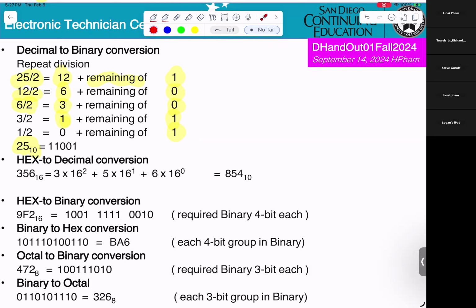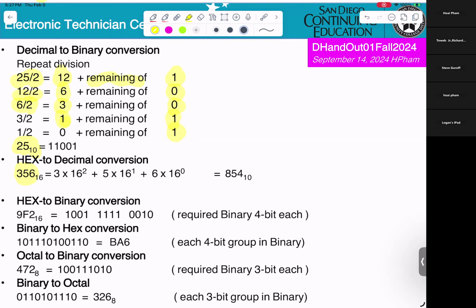hexadecimal to decimal conversion. You get the number 3, 5, 6. You know, okay, 3, 5, 6, that's decimal, human numbers.